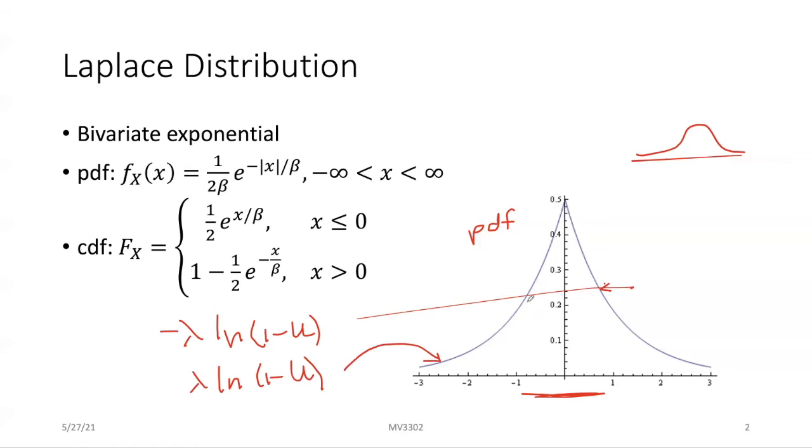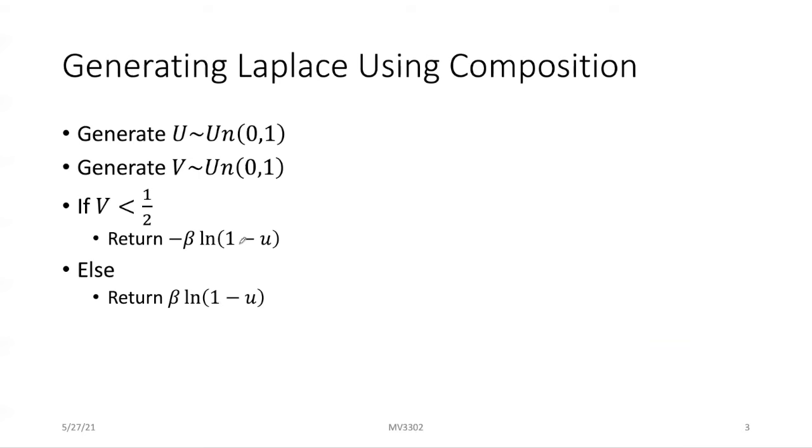So in other words, if we cut this in half, this is a mixture of one of these exponentials and one of these exponentials, and because it's symmetric, the probabilities are a half and a half. Then we don't have to go through all the math of trying to unravel the CDF. Instead, we can just use composition.